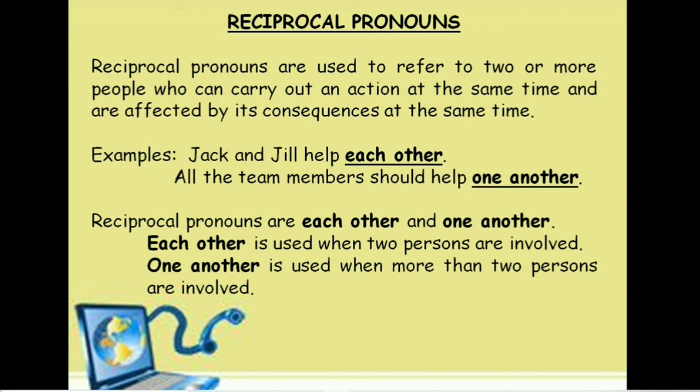All the team members should help one another. Reciprocal pronouns are each other and one another. Each other is used when two persons are involved, and one another is used when more than two persons are involved.